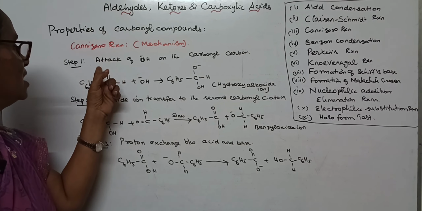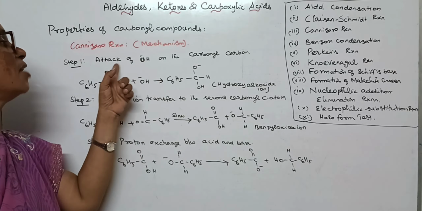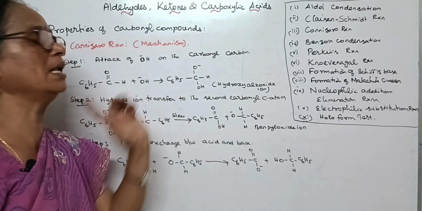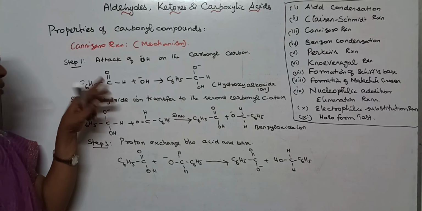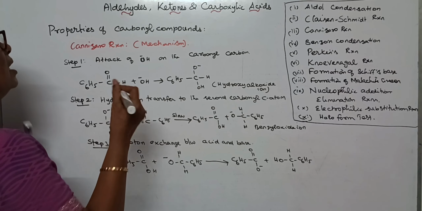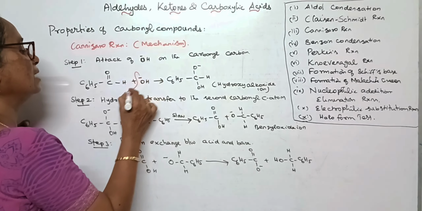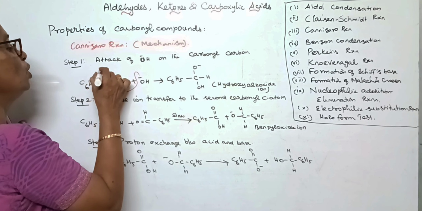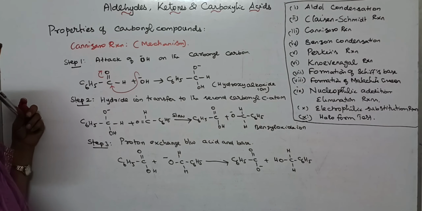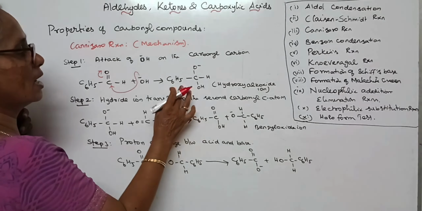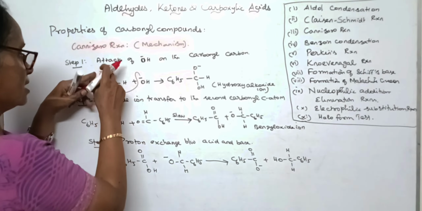The first step involves attack of the base on the carbonyl carbon of one of the compounds. I have taken benzaldehyde, in which the OH group attacks the carbonyl carbon due to the removal of pi electrons by the most electronegative oxygen atom. So we are getting C6H5 CHOH with O negative charge.